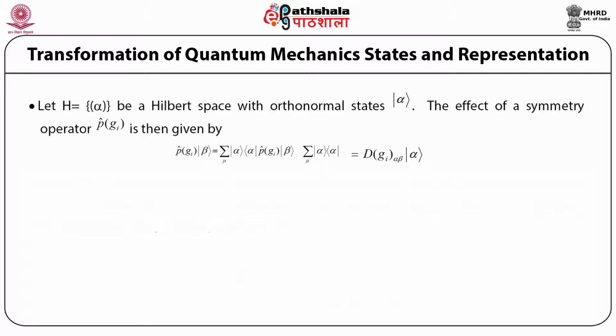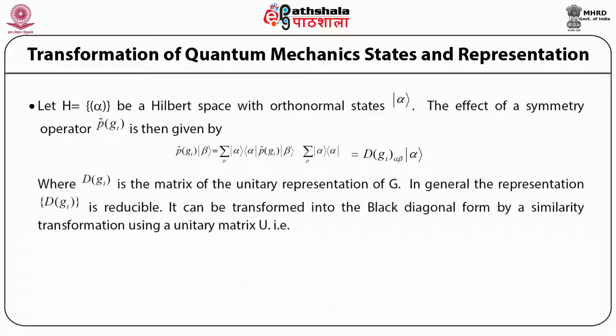This can be written as P hat operating on beta is equal to the sum over all alpha of D g_i alpha beta times the state alpha, where D g_i is the matrix of the unitary representation of the group G.